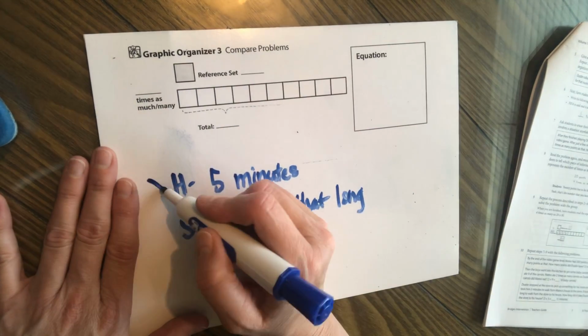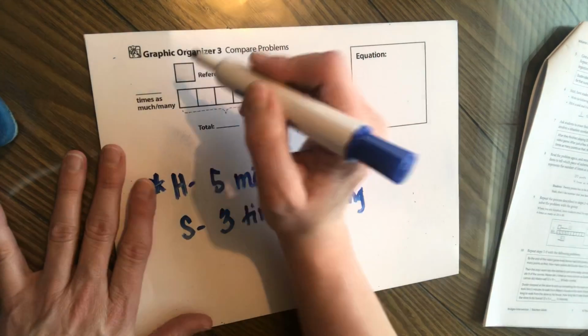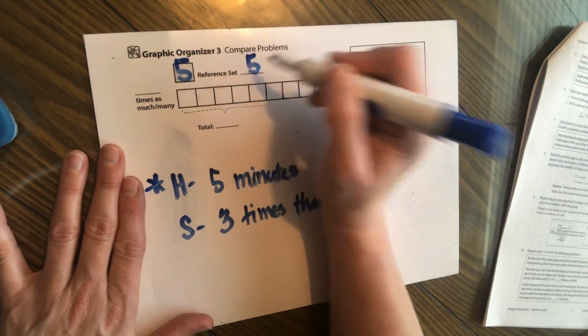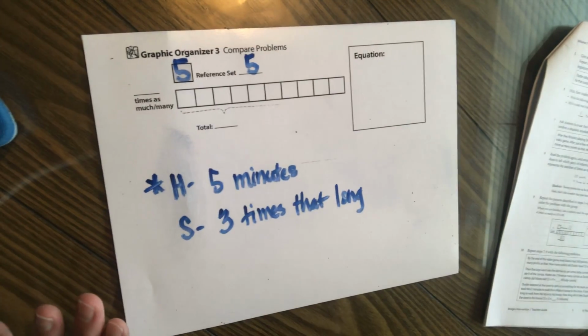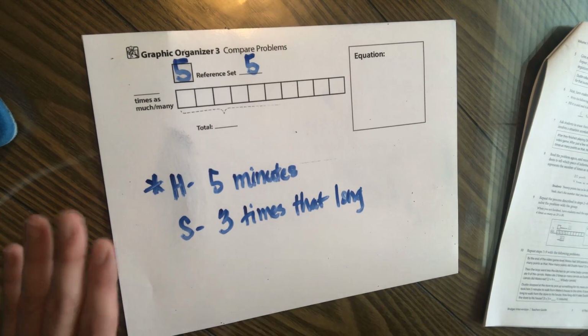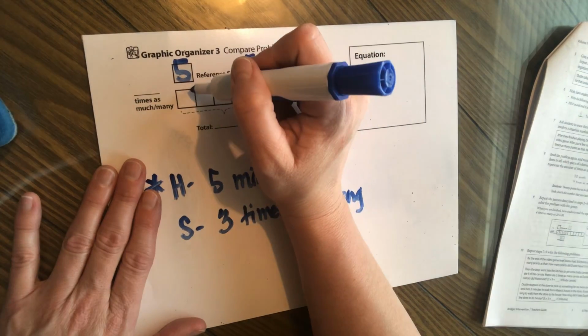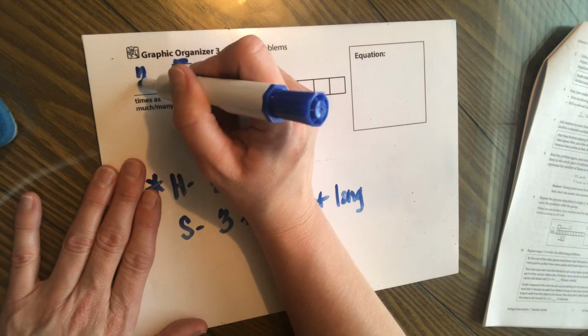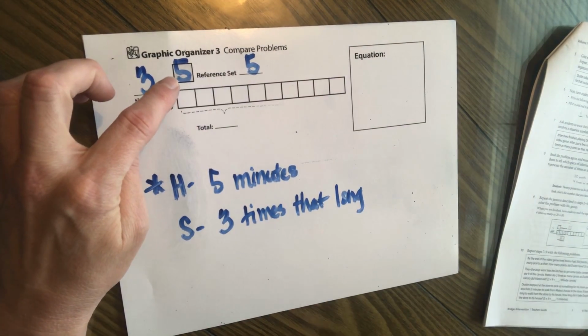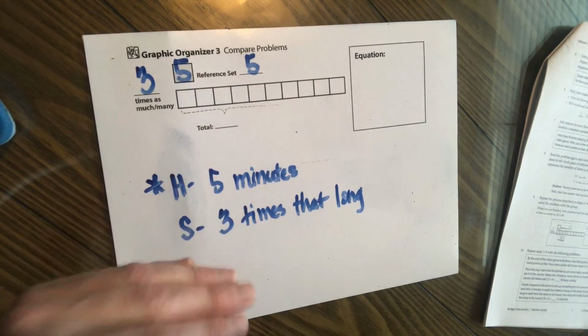So here's what we know. We know that it took him 5 minutes to walk from Mateo's house to the store. And we know that it took 3 times that amount of time to walk from the store then to his house.